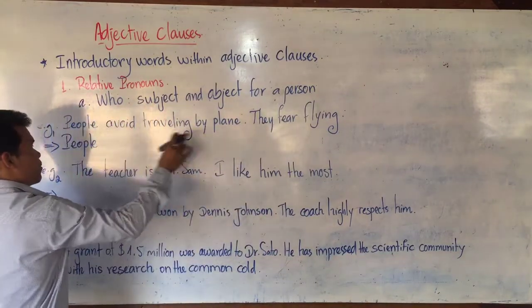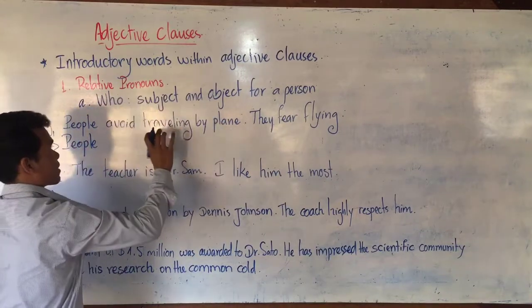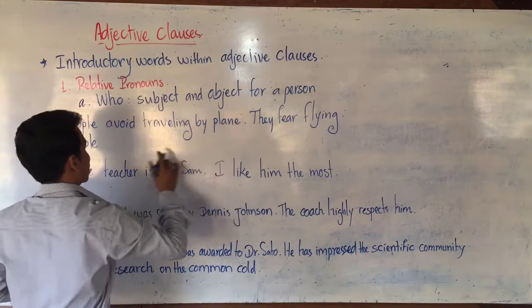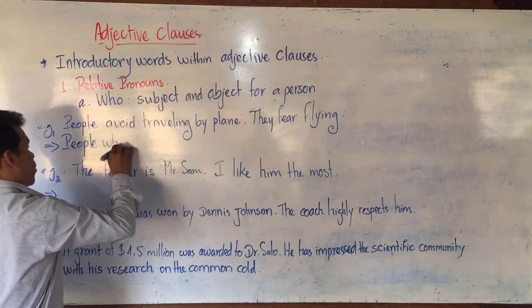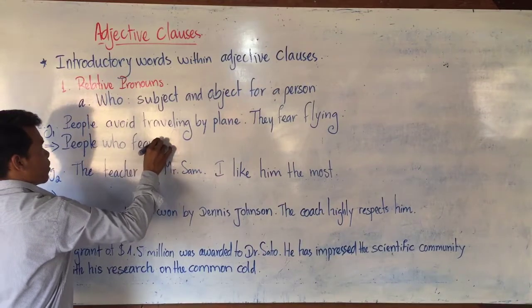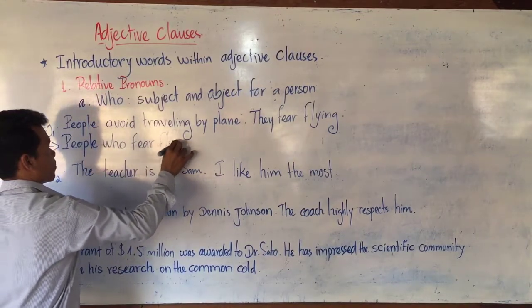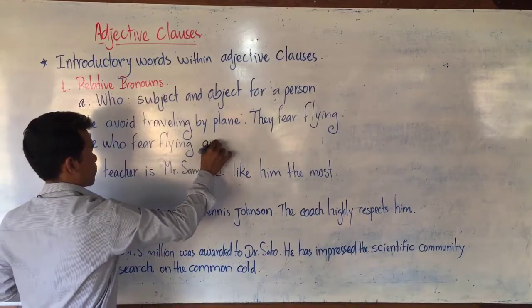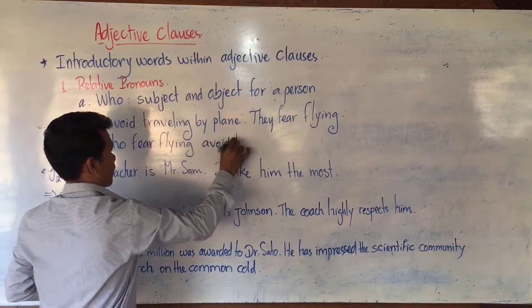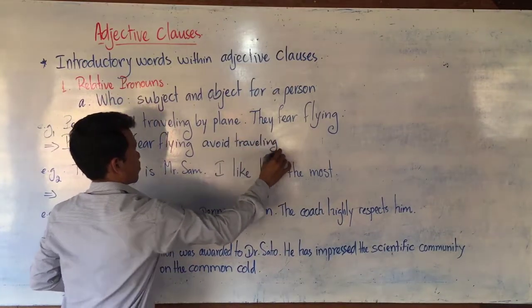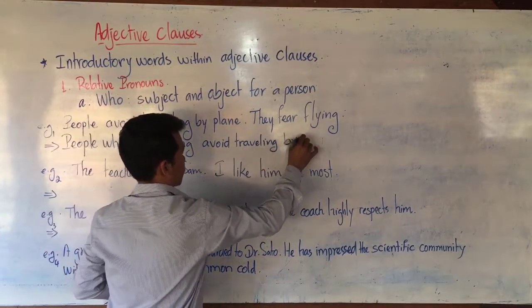They here is a subject, and who is a subject or relative pronoun. That's why we use who to replace they. So we can write: who fear flying, avoid traveling by plane.